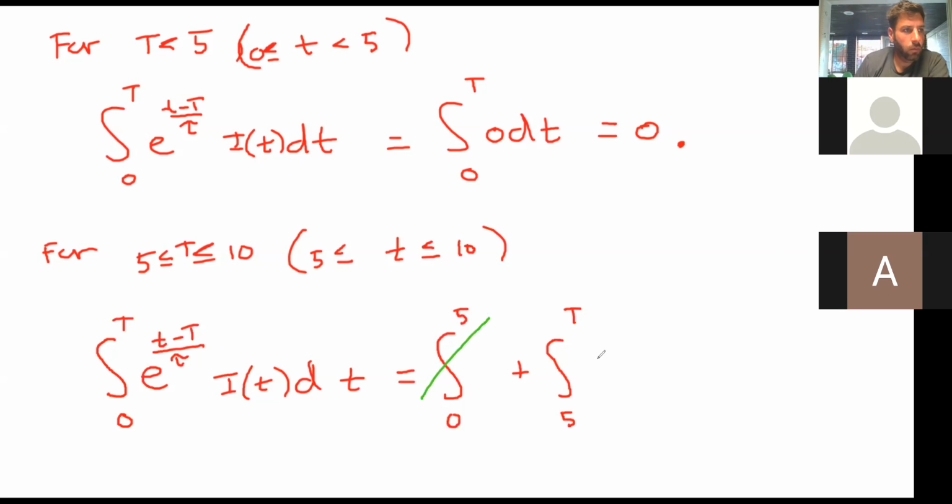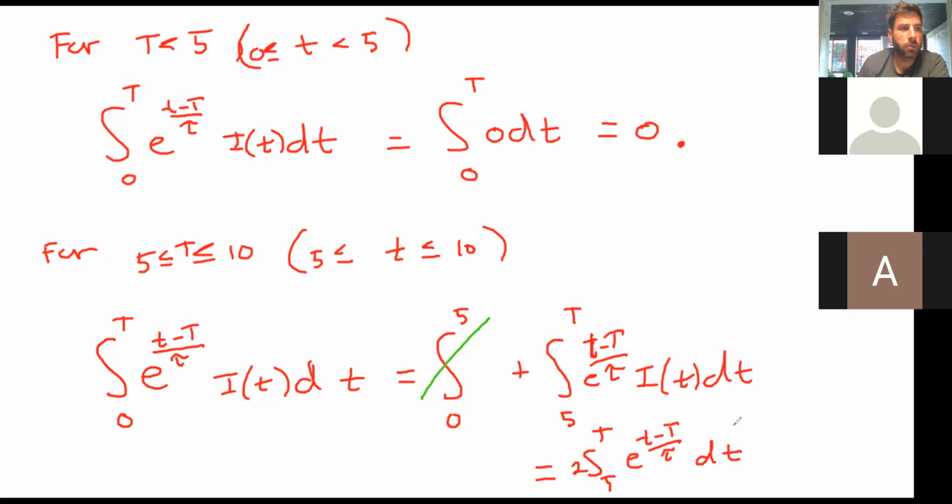So this is e to the t minus capital T over tau, and then this is, of course, I. So now you have to integrate from 5 to t. This is just 2 times this, because I'm replacing I of t with 2, because that was 10 over 5.